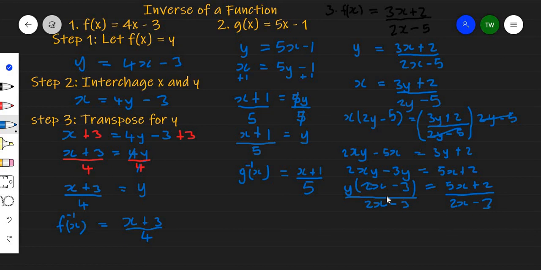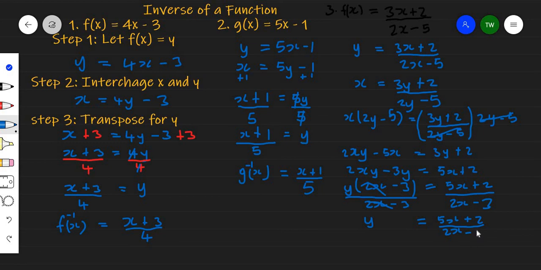So 2x minus 3 will cancel out 2x minus 3, leaving back with y equals to 5x plus 2 all over 2x minus 3.